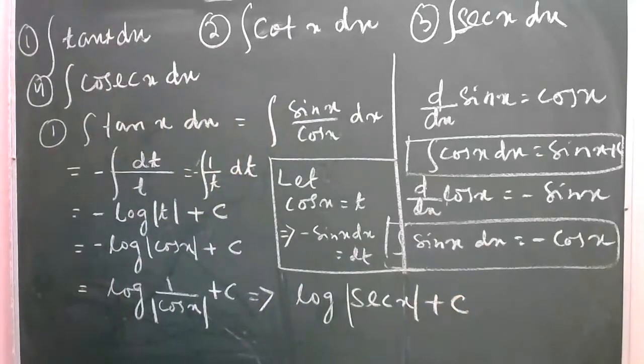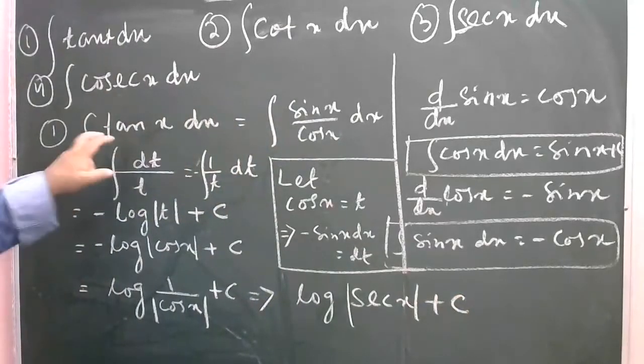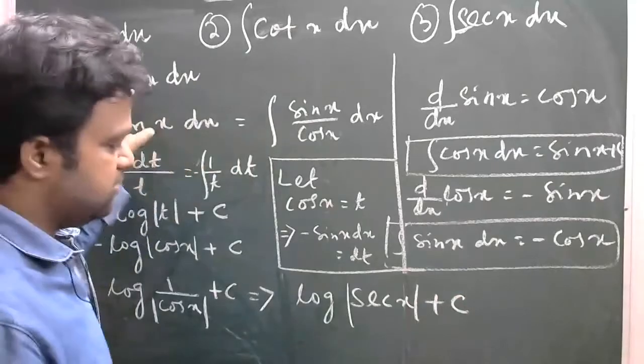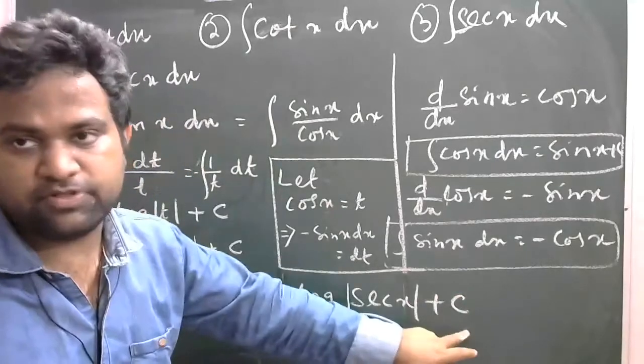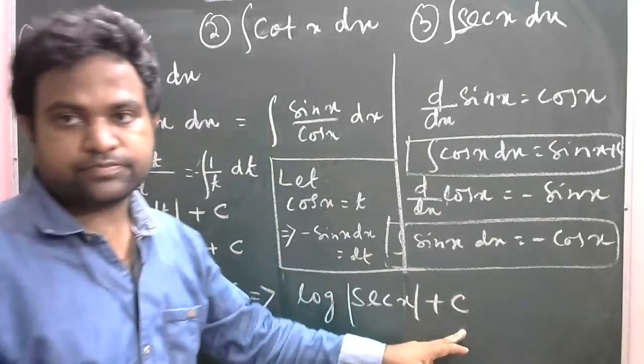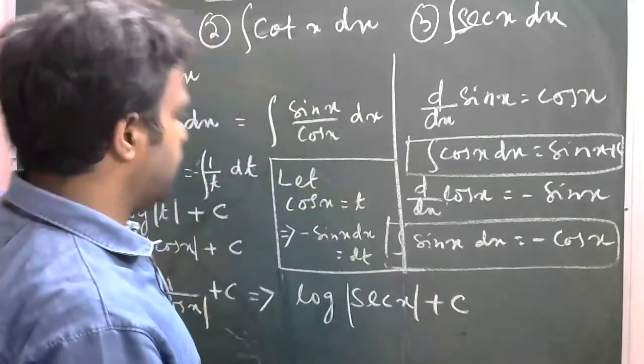So what is the integration of tan x? Integral of tan x dx is log mod sec x plus c. Clear? Now we'll go for cot x.